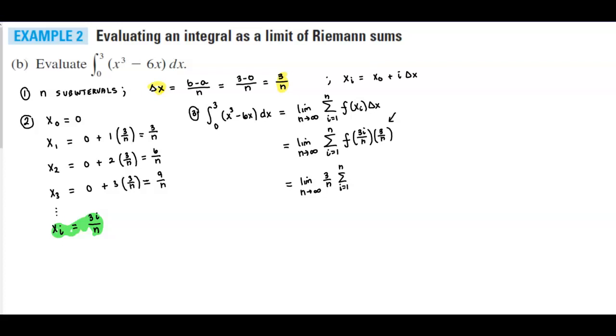We know that x represents 3i over n, so we plug that into our function. We have x cubed, but instead of x, it's 3i over n, cubed, minus 6 times 3i over n.